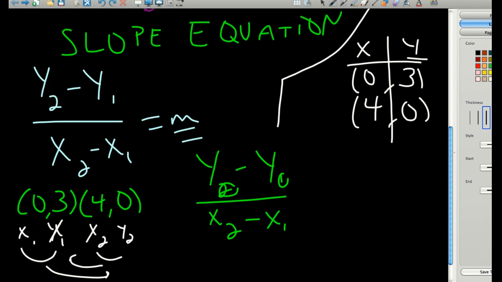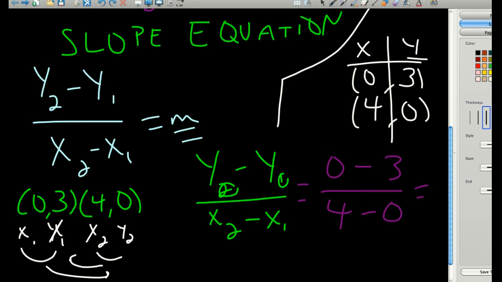As long as we keep the x2 and the y2 together, we're fine. So I'm going to actually write an equal sign, and let's plug in our variables. Our y2 is 0, and our y1 is 3. And then we're going to put that over top of our x2, which is 4, minus our x1, which is 0.